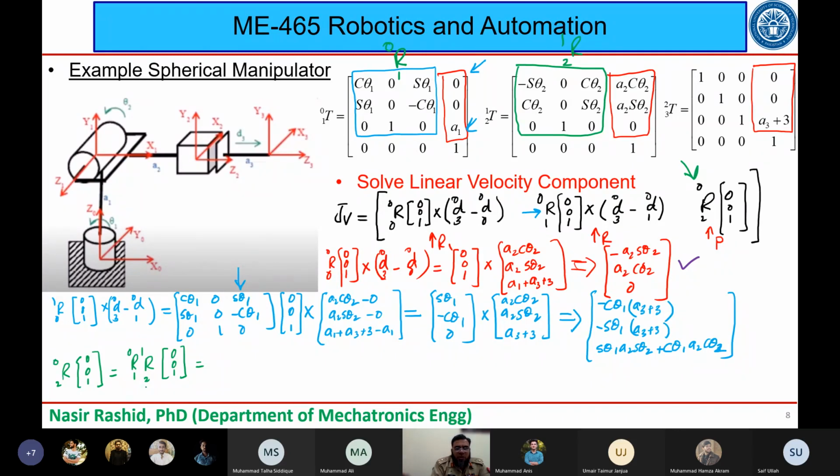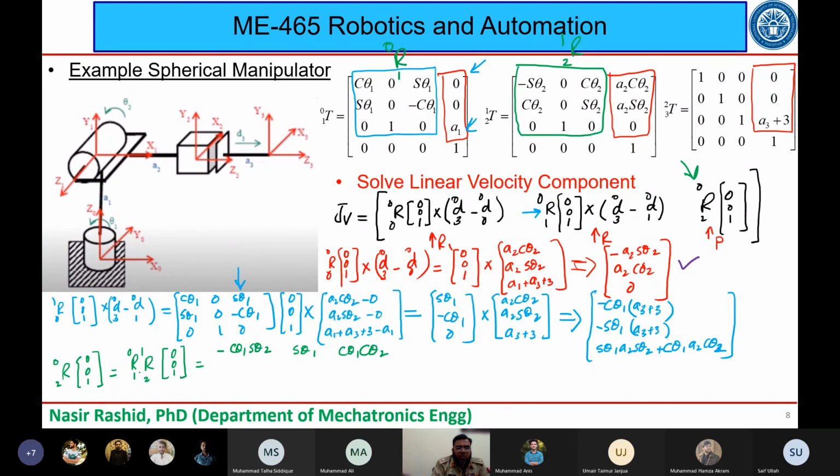This will come out to be minus cos theta 1 sin theta 2, minus sin theta 1, then cos theta 1 cos theta 2.